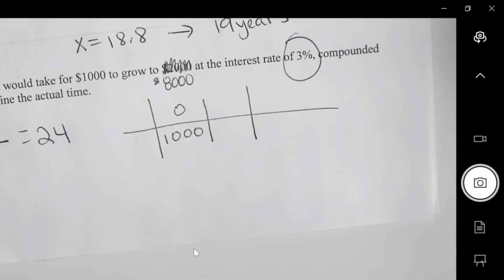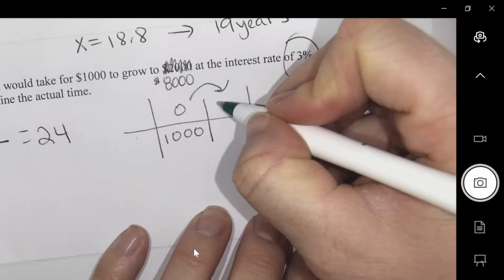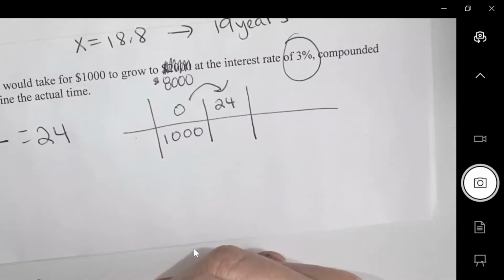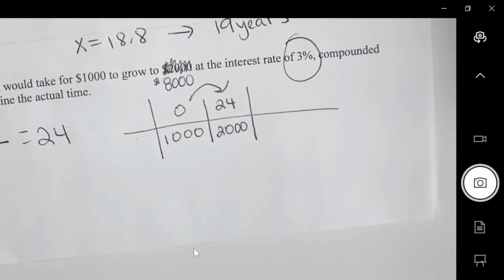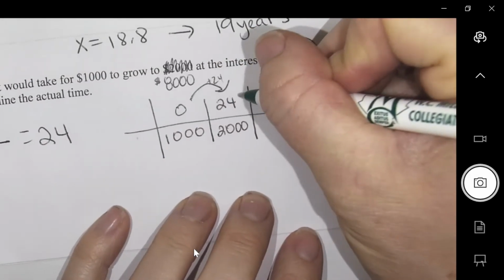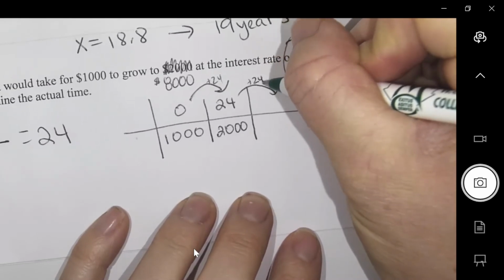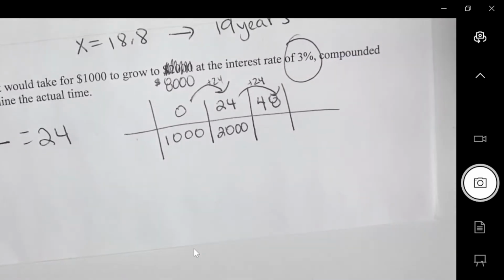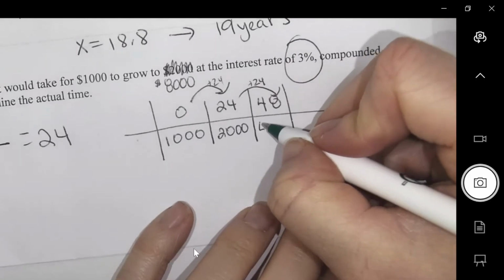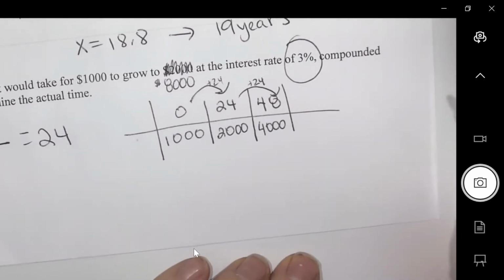At the start, we had $1,000. 24 years later, I now have $2,000. 24 years later, so now I'm into this for 48 years, I now have $4,000.